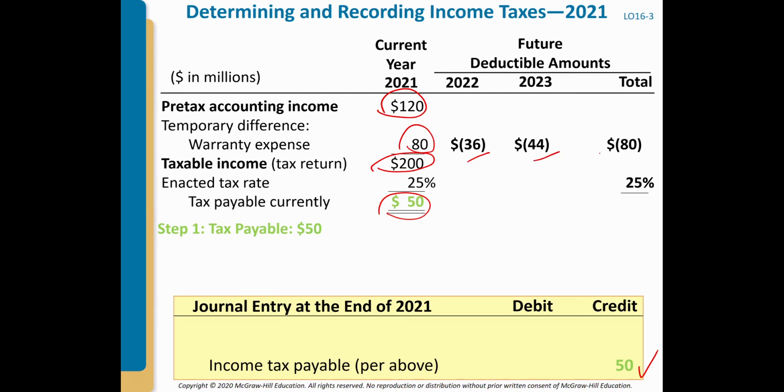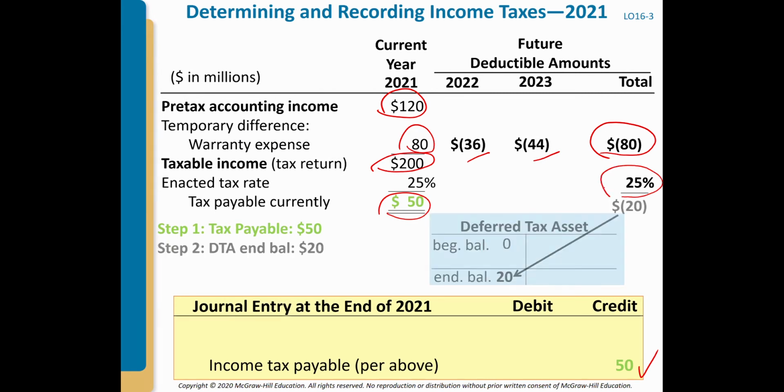The total future deductible amount is 80. Let's say the future tax rate is also 25%, so 80 times 25% will be the deferred tax assets, our future benefits. So deferred tax assets should have a balance of 20.